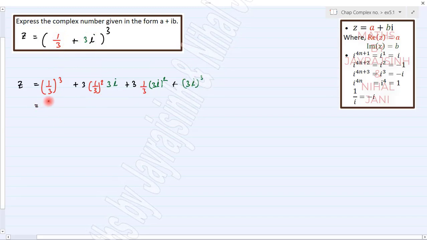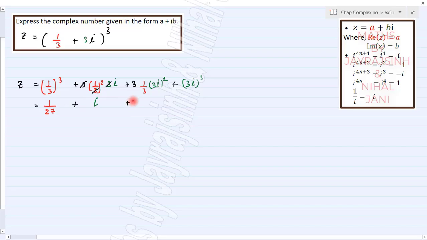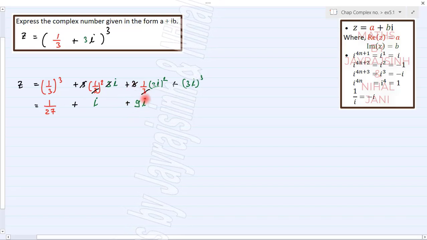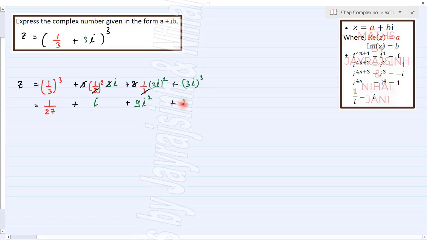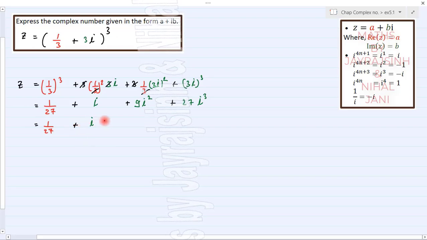In further simplification, (1/3) the whole cube is nothing but 1/27. Then the second term will be i. In the third term, 3 will cancel out, we will get 9i square, and in the last term, we will get 27i cube. So we can say 1/27, and i will be as it is.